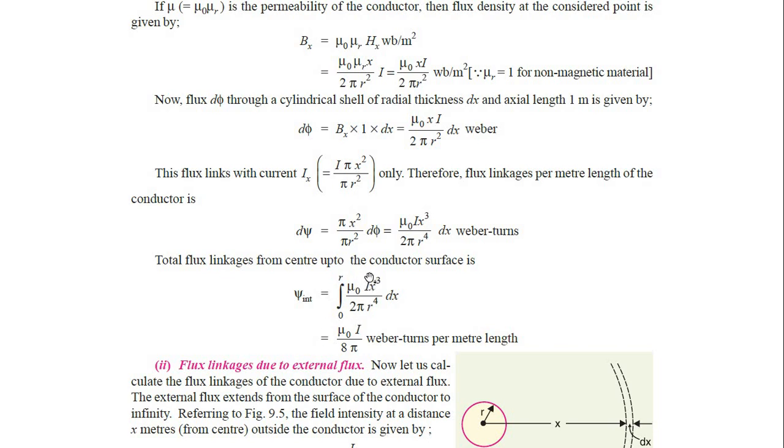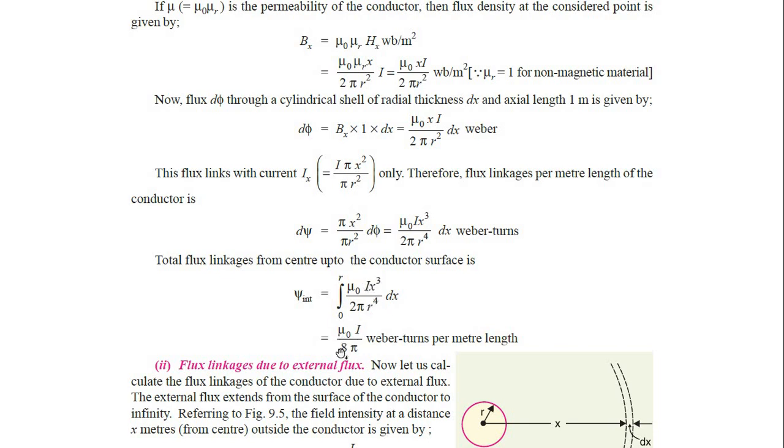If we integrate this with respect to x, it will give you mu naught I upon 8 pi, because the common term is constant, and x cube will be x raised to 4 upon 4, and if we substitute the limits, r raised to 4 and r raised to 4 will get cancelled over here.